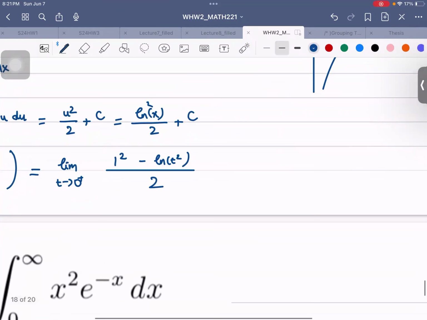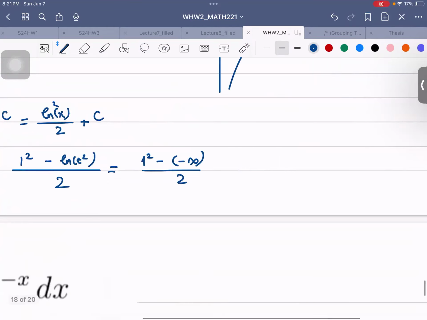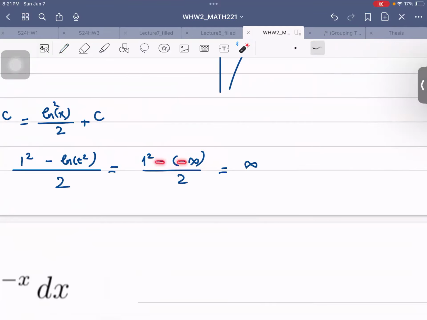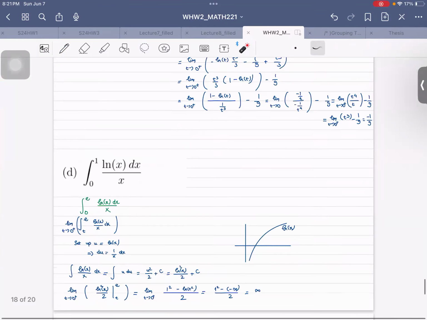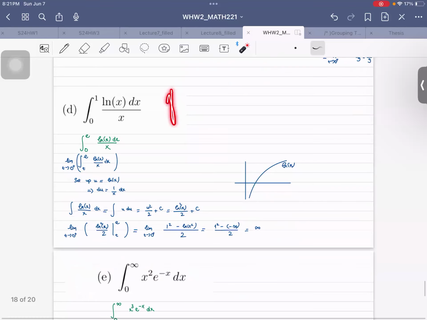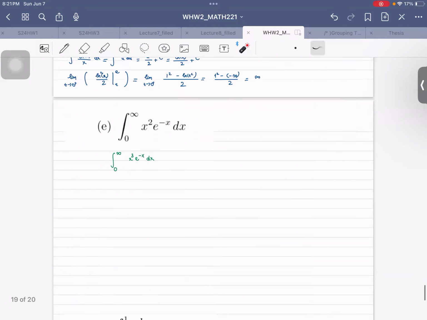So that means you're going to have 1 squared minus infinity divided by 2. So this thing is something really large. At the end, you will have something super large and positive. I mean, the minus sign gives you positive infinity. Okay, so this integral diverges.